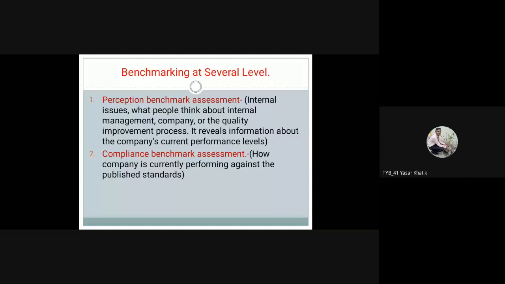Whatever management are doing some decisions, for the decisions some people are thinking different ways. And quality improvement process. So whatever product we are going to manufacture, regarding that product improvement processes, which parameter are important, that also discussion happens. So for that it reveals information about the company's current performance levels.